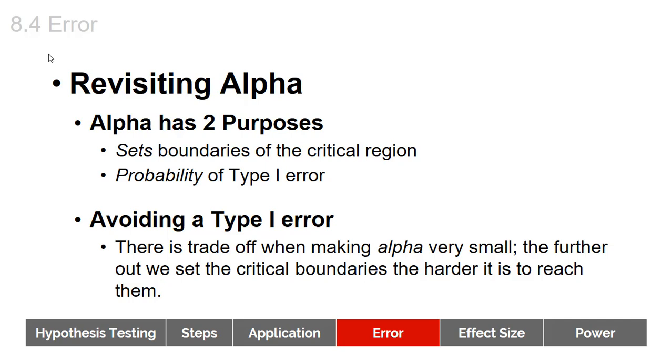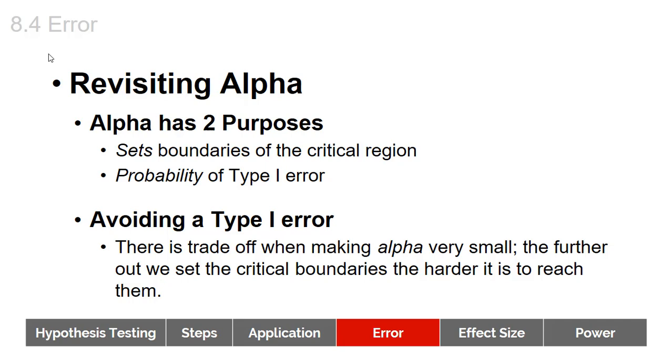So we might think to ourselves, I'm going to avoid a type 1 error, and so therefore I'm going to make my alpha very small. In other words, I'm making that critical region very small. And the truth is, the further out we set our critical boundaries, the harder it is to reach them.